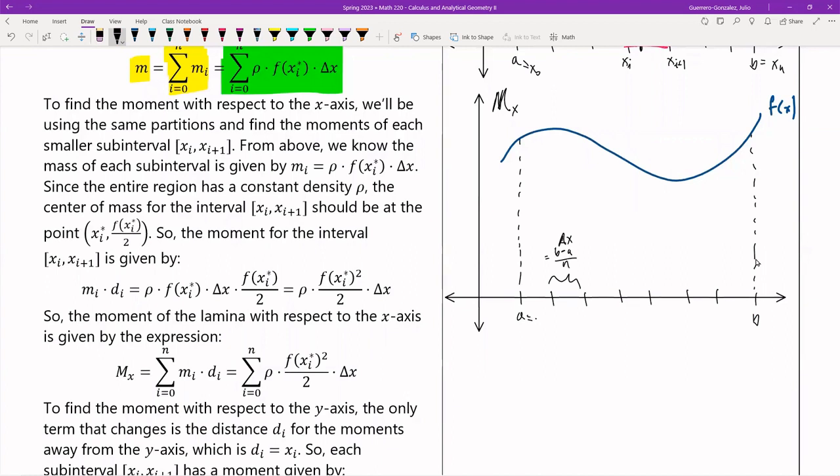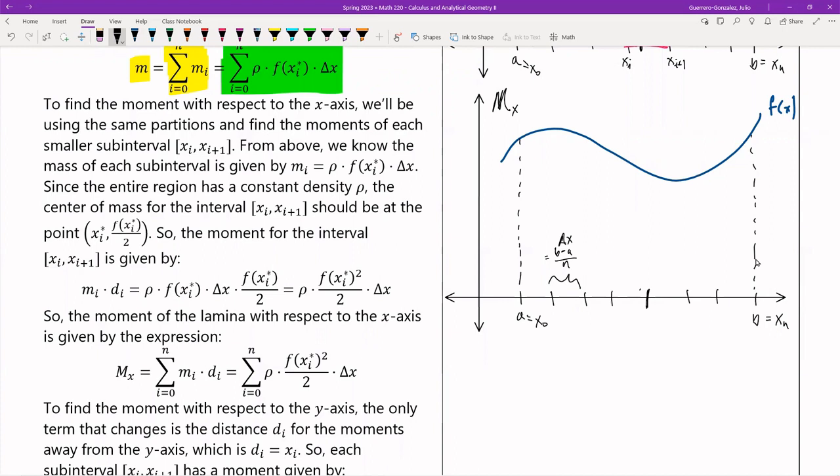This is still x of 0 to x of n, the same partition that we were working with above. I'm going to move that point over a little bit more. There we go, right there. And I'm going to be using the same sort of partitions, and we're going to go through the same argument.